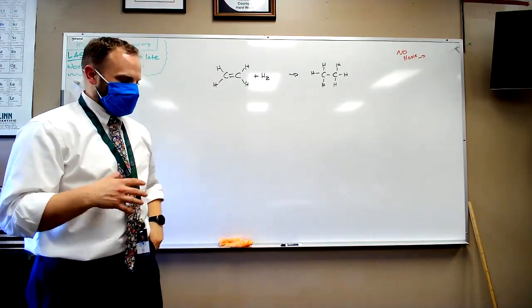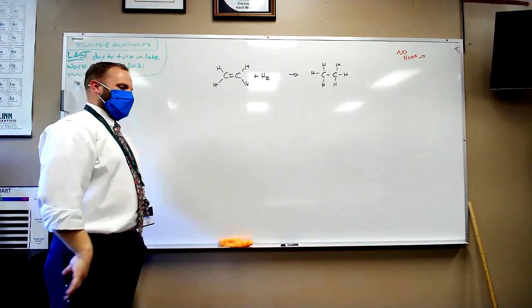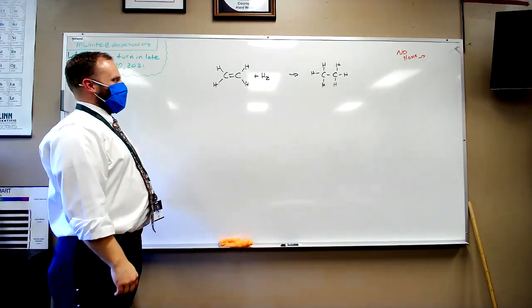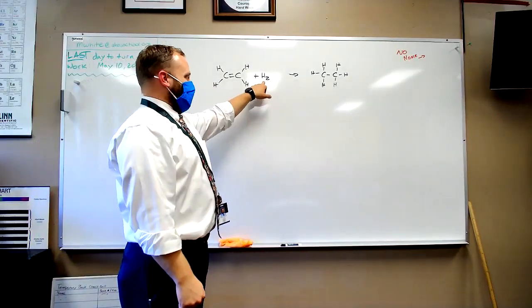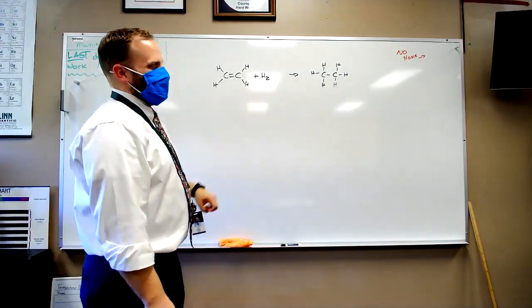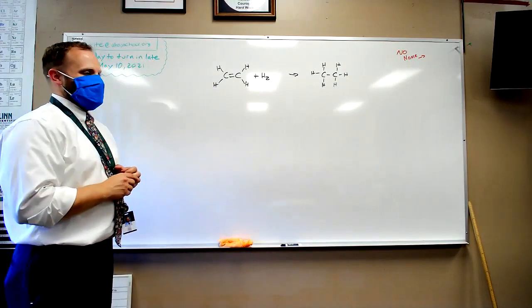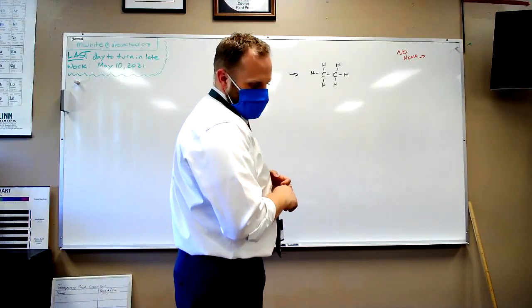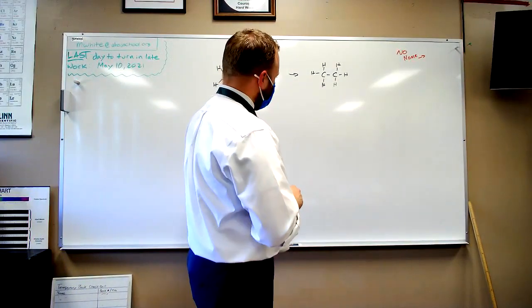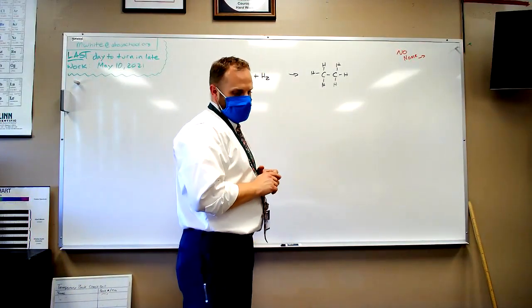It makes the whole food spoil. So what they can do is add hydrogen to these oils to fully saturate them, and it gives them a longer shelf life. Hydrogenation.